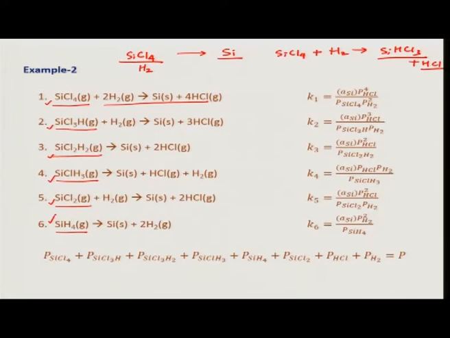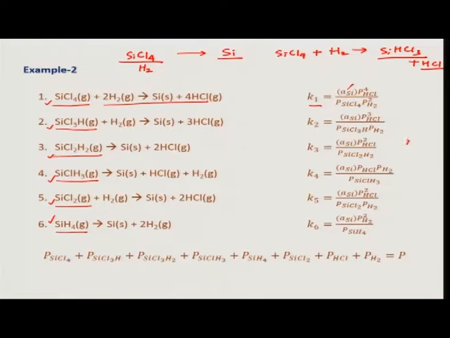Based on their reaction rate constants, these can be defined using these equations. Reaction rate constants are nothing but the concentration or activities of the products divided by the activities of the reactants. Activities of gases are in terms of their partial pressures, and the activity of a solid can be assumed to be 1.